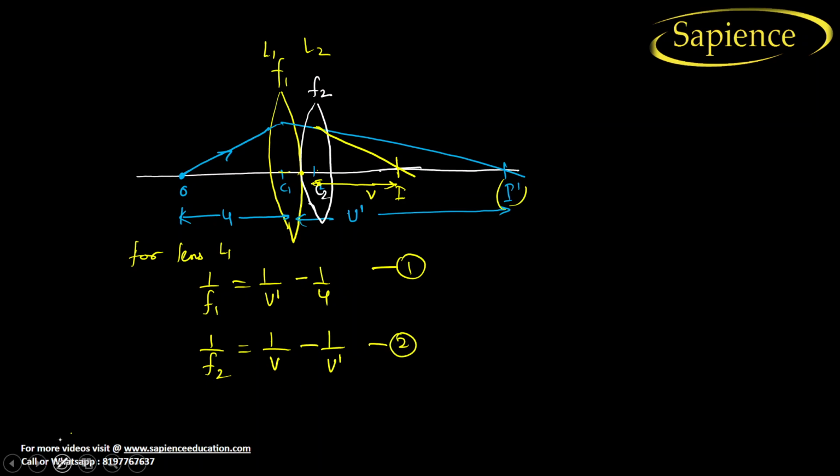Now combine these two equations. If we combine these two equations, what will you get? 1 by f1 plus 1 by f2 is equal to 1 by v minus 1 by u.